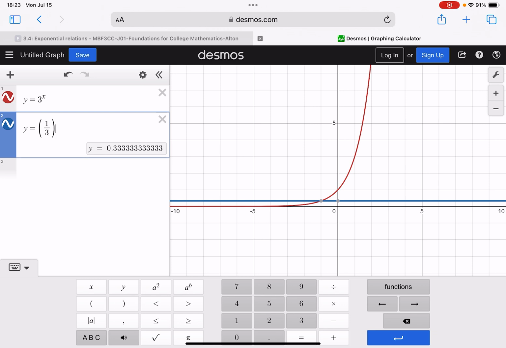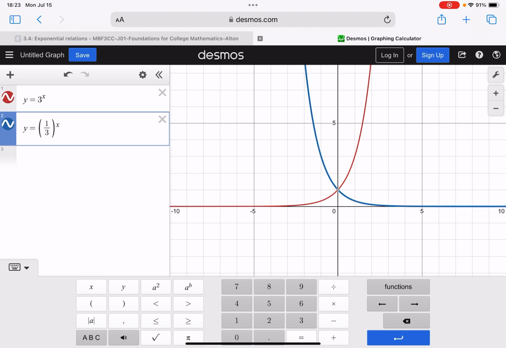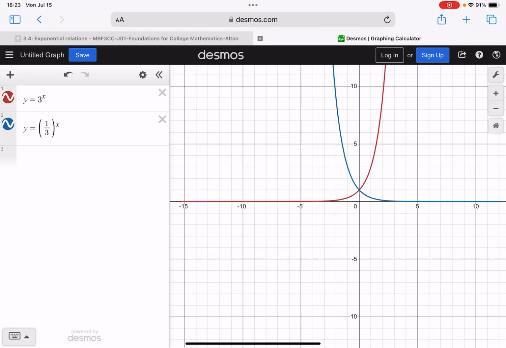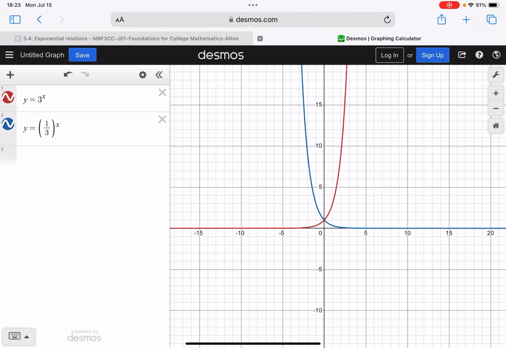So if we go here, 1 over 3 to the power of x, and you notice a very similar situation, just like we saw with the base of 2 and 1/2, 3 and 1/3. They're going to be completely flipped of each other, and notice the exact same property, that the y-intercept exists at 0 and 1.